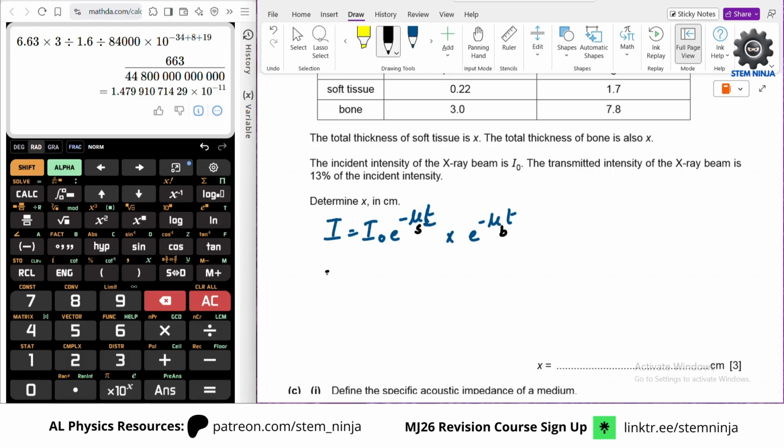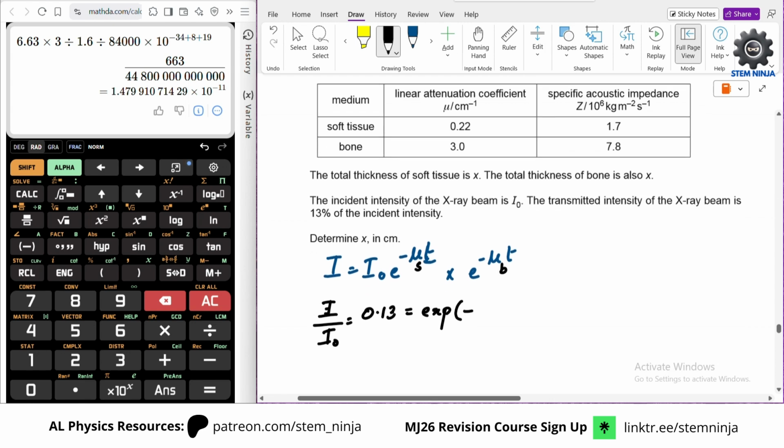Okay, so I over I naught is 0.13 equals e to the power minus mu per centimeter, so 0.22, thickness x, minus 3x.